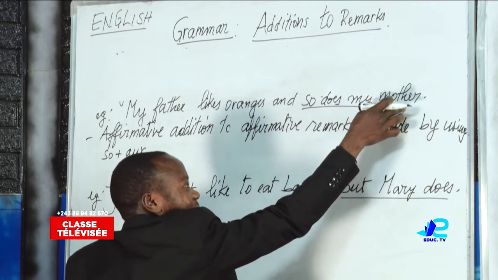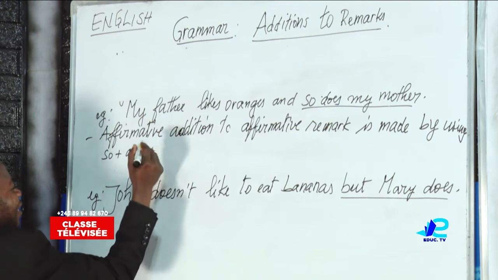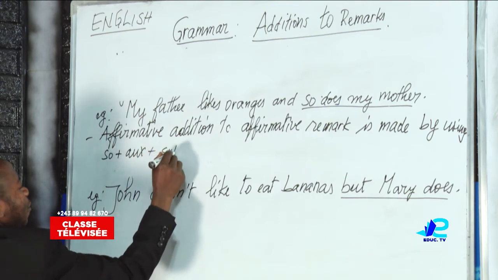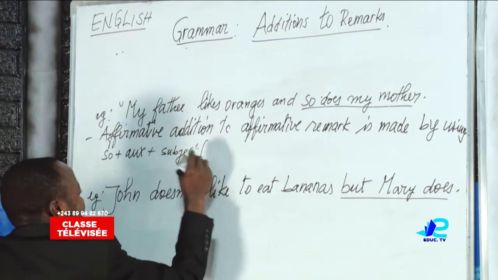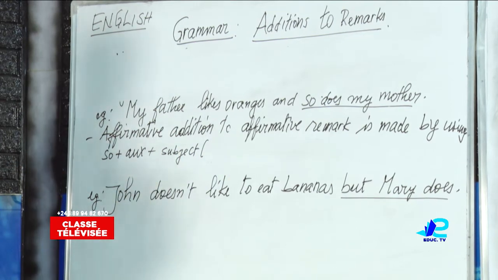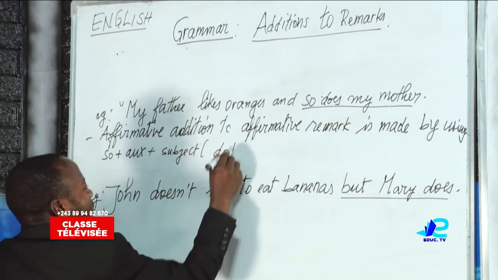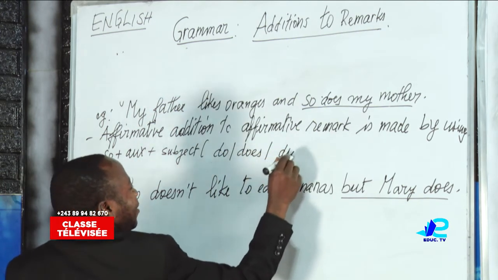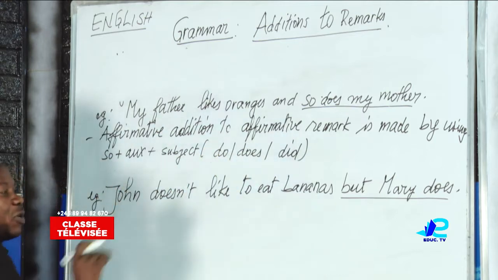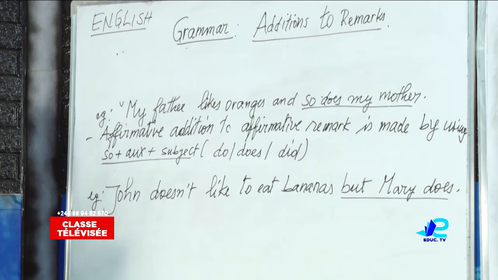What is it? The subject. Class, whenever in your sentence there is no auxiliary, you use do, does, or did. Here, if there is no auxiliary, but if there is an auxiliary, you use it.